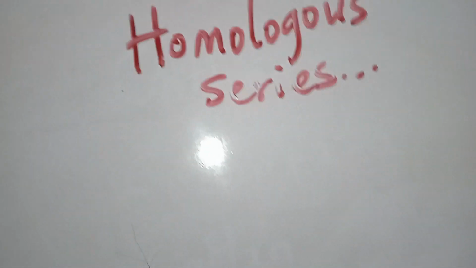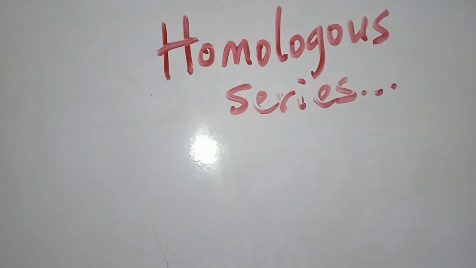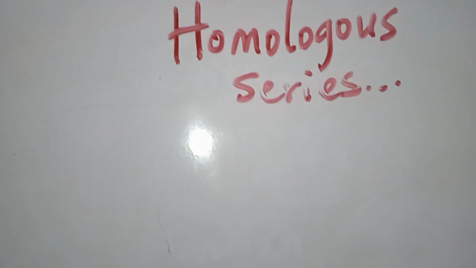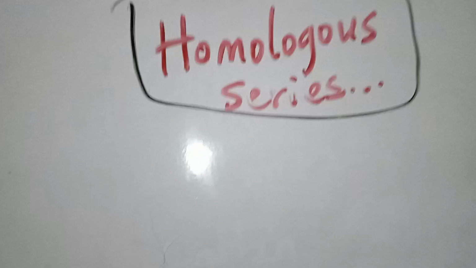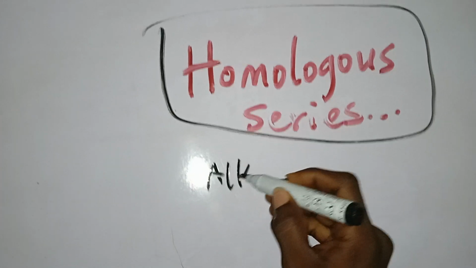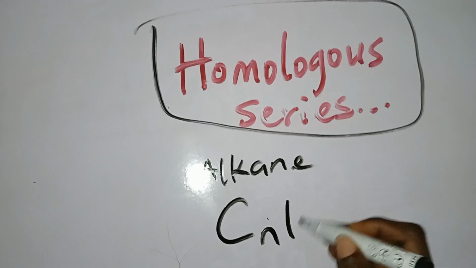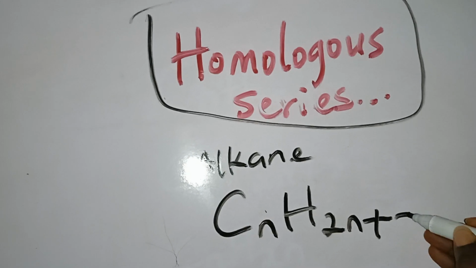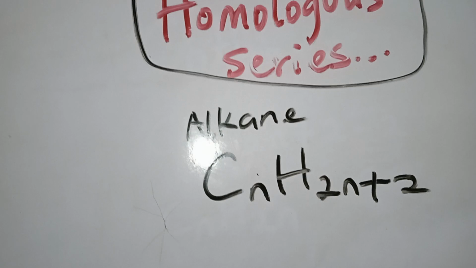Now before we get to what we call homologous series, I need you to know that there's something called the family formula. For alkane, the formula is CnH2n+2.